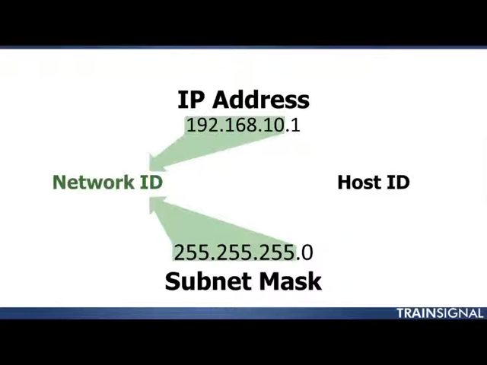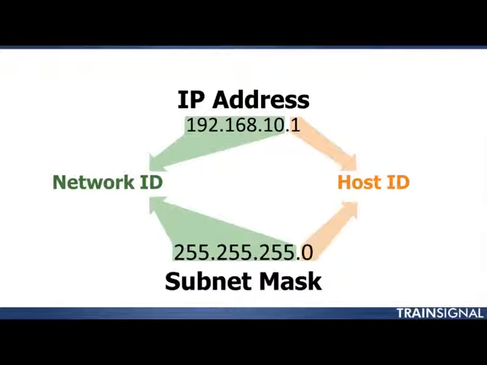That means that in this example, 192.168.10 is the network ID. That's the name of the network that this particular computer would be on. And the 0 in a subnet mask represents the host ID portion. So in this example, there's just one 0, representing the last number, which means the last number in the IP address, or the .1, is the host ID.